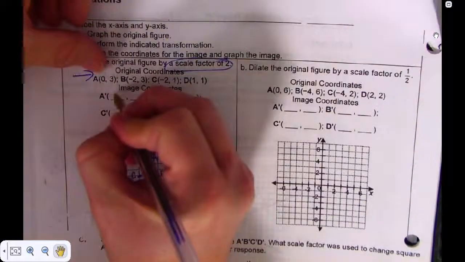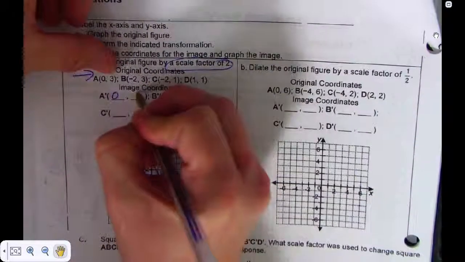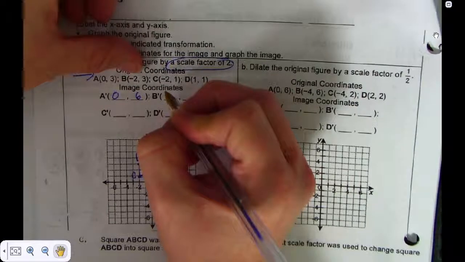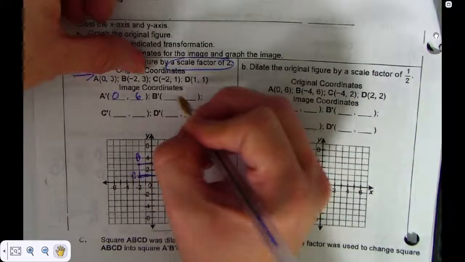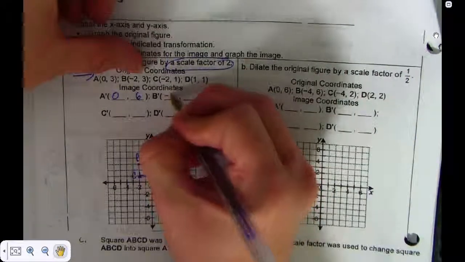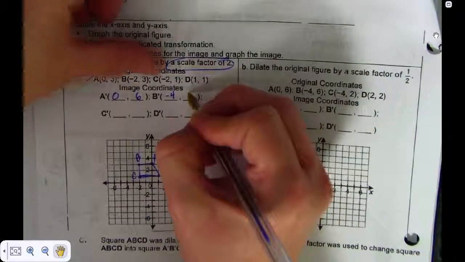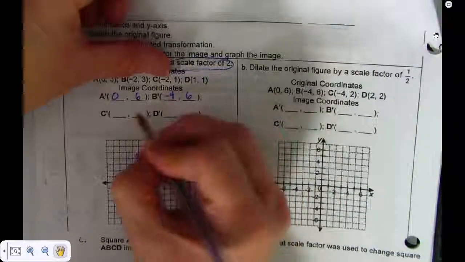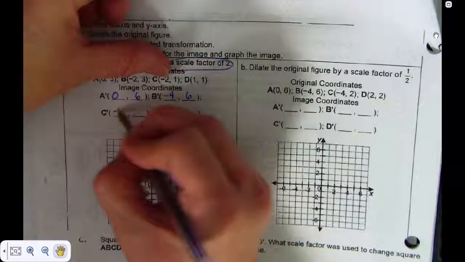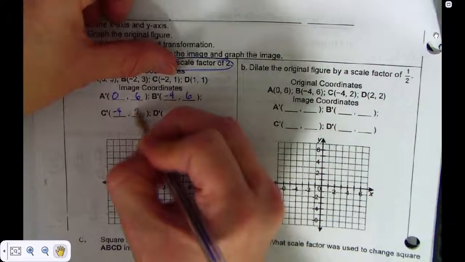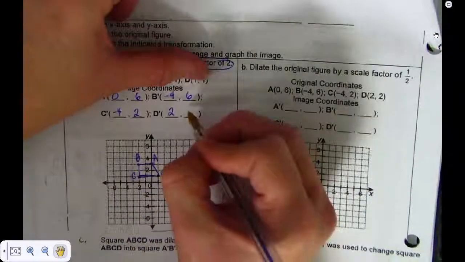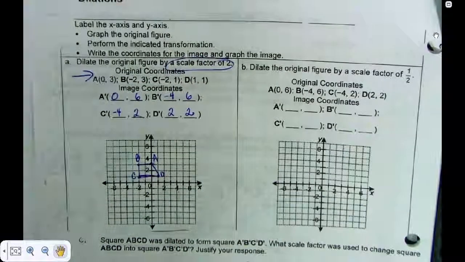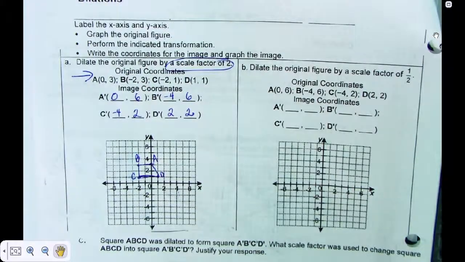So what's 0 times 2? 0. 3 times 2? 6. -2 times 2? -4. 3 times 2? 6. -2 times 2? -4. 1 times 2? 2. We have our new coordinates.